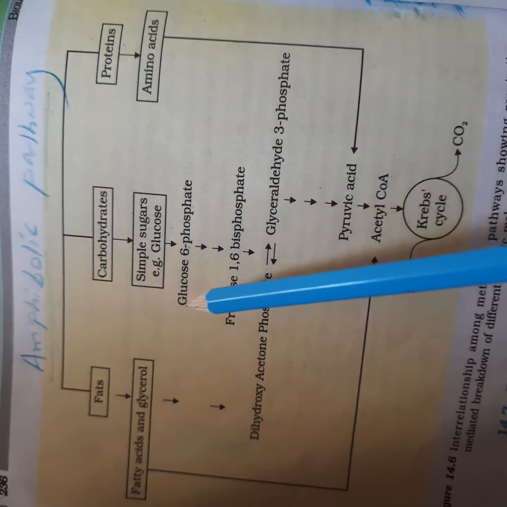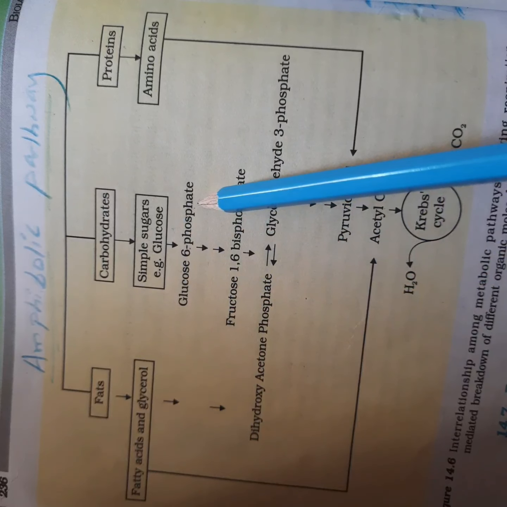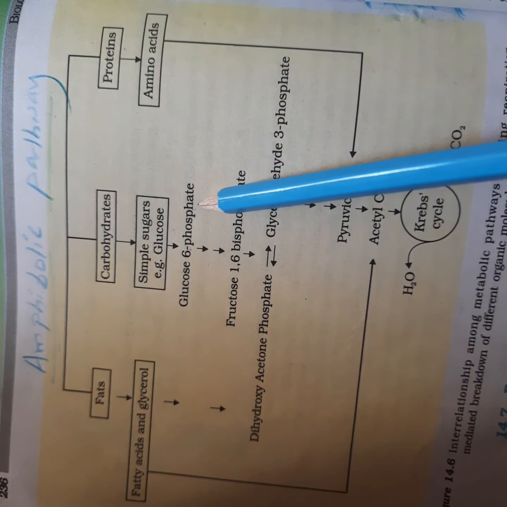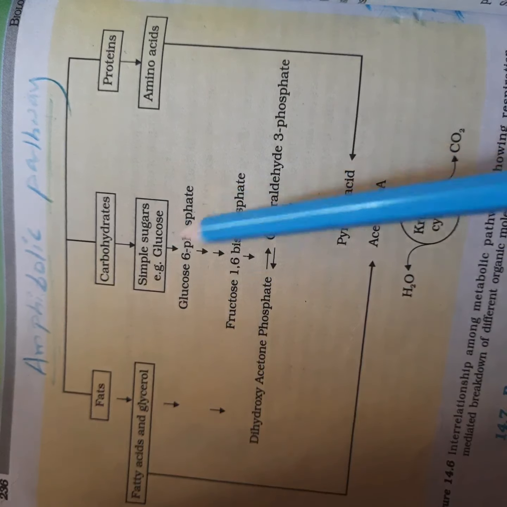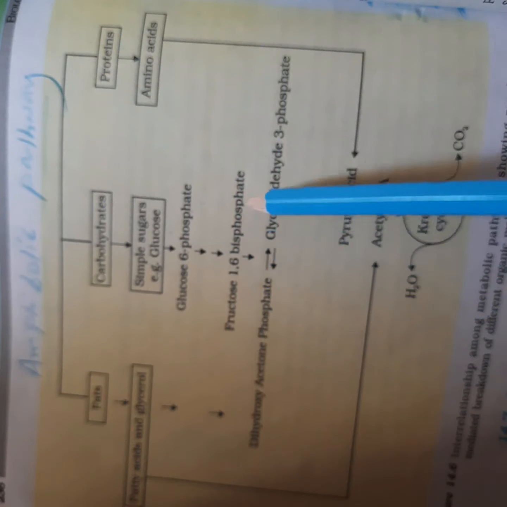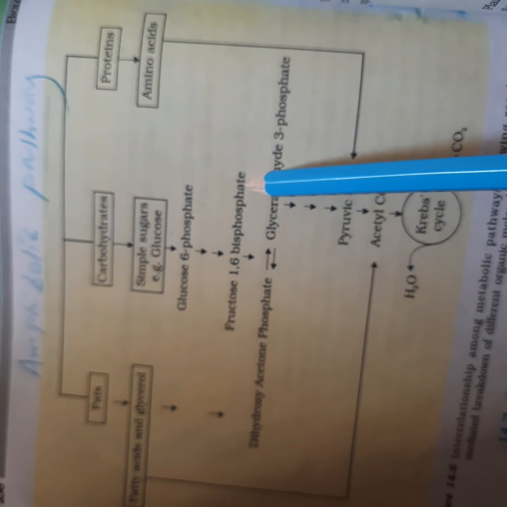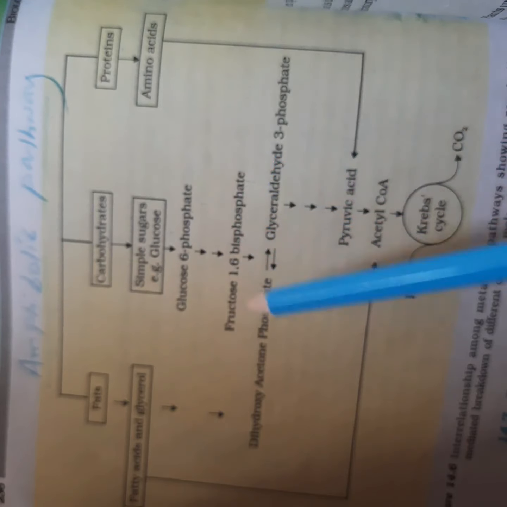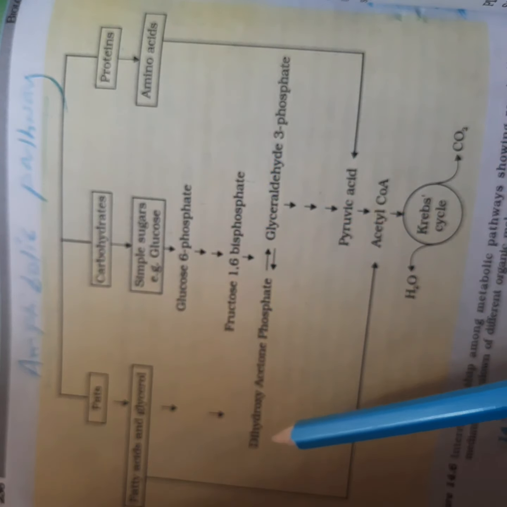Glucose is converted into glucose 6-phosphate with the help of an enzyme called hexokinase, and this glucose 6-phosphate is converted into fructose 1,6-bisphosphate. This kind of reaction is commonly called isomerization, and this fructose 1,6-bisphosphate splits into two.